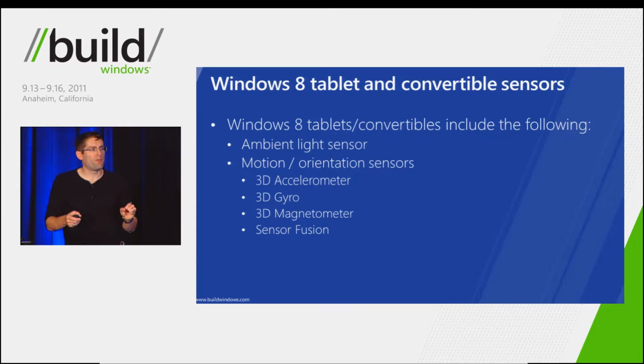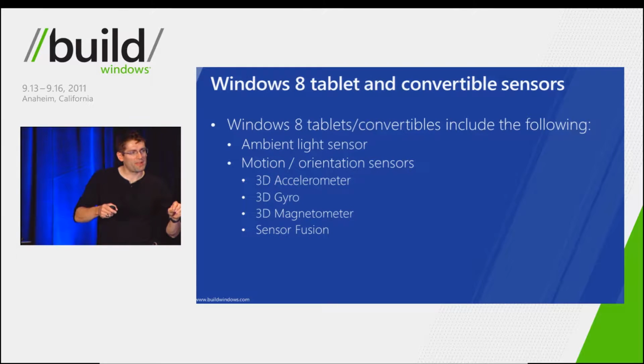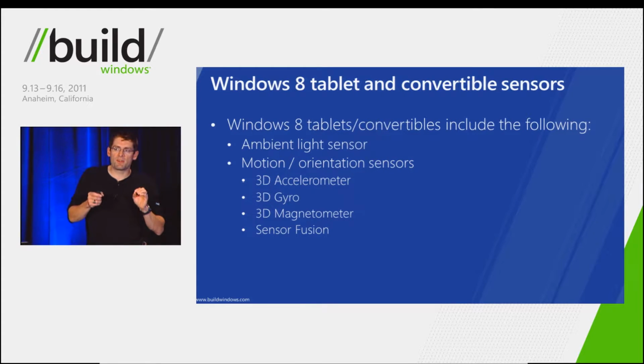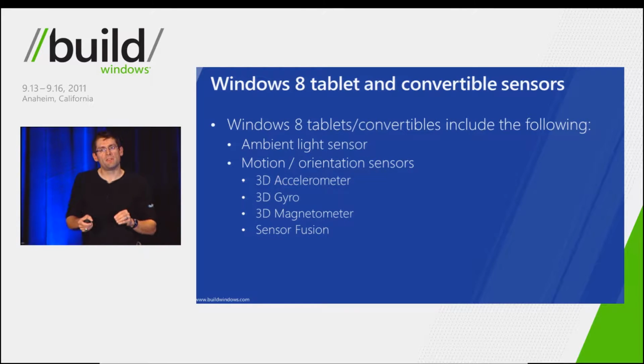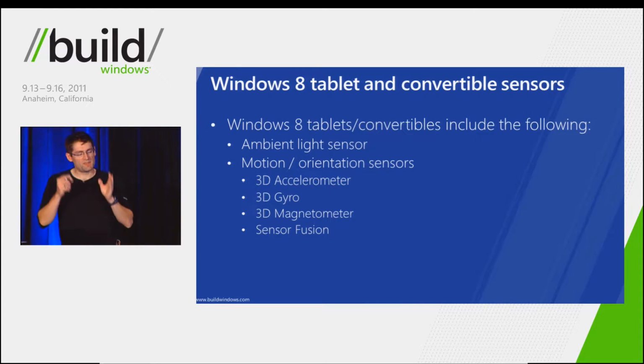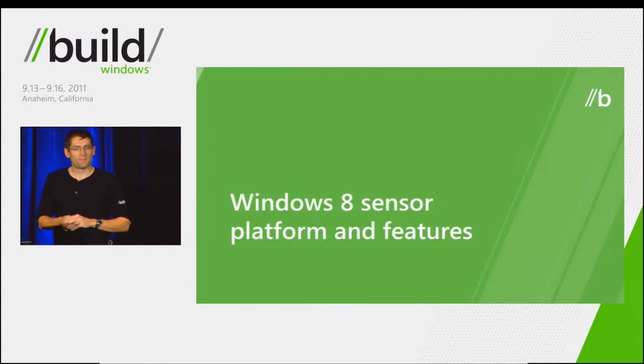This is a platform where if you're writing a Metro-style application for one of these types of devices, you know that all of this sensor hardware is going to be present and all this technology is accessible from your application using simple and seamless Windows runtime APIs. So you don't have to wonder or check if hardware is present. If you're targeting a tablet or convertible tablet, it's all going to be there.